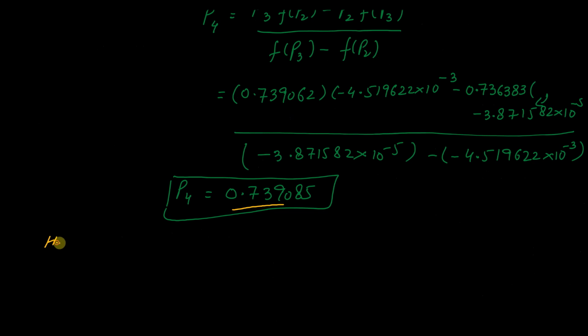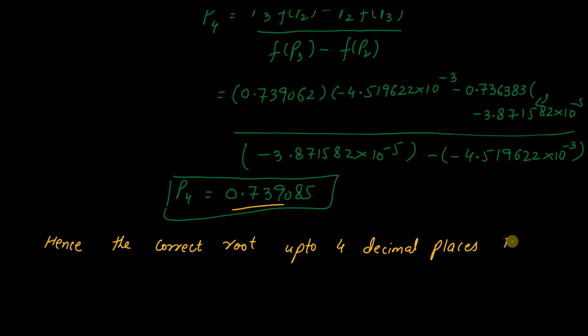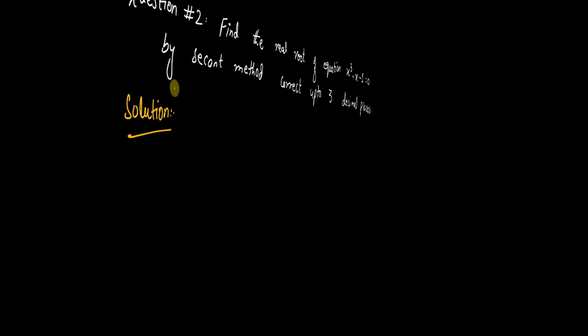So hence the correct root up to 4 decimal places is P equals 0.7390. Let's proceed to the second question.